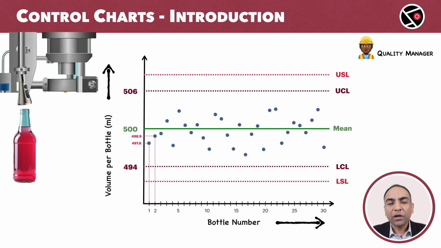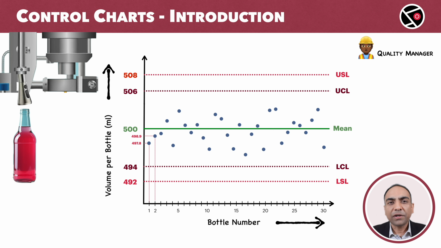For example, if a customer specifies that the bottle should contain between 492 ml and 508 ml of liquid, these values are the specification limits. 492 ml is the lower specification limit and 508 ml is the upper specification limit. Anything outside these limits is a defect.